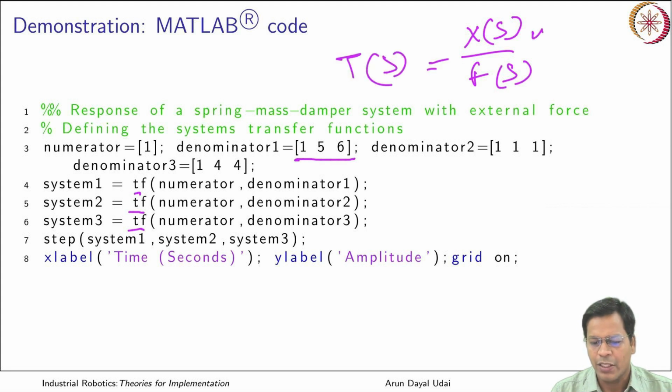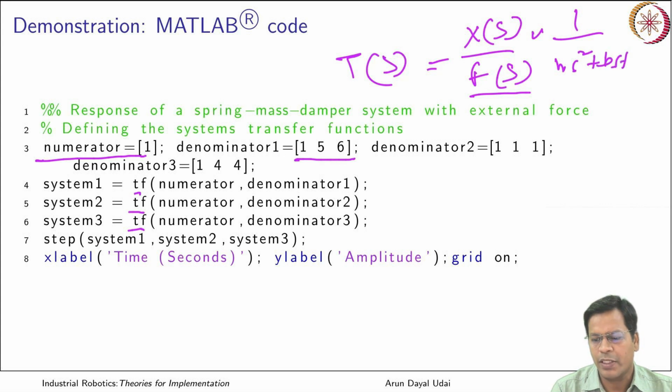So Xs is the numerator. For the numerator you have 1 only, the denominator you have Fs, output by input. So that is the transfer function. So you see Xs by Fs, that should tell you 1 by ms square plus bs plus k. So that basically gives you the transfer function.